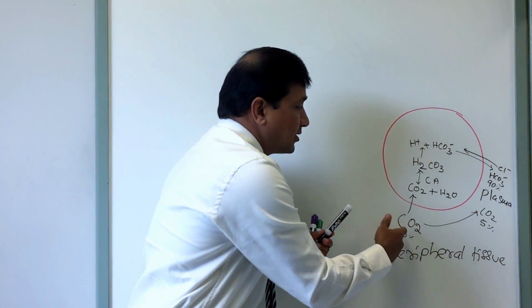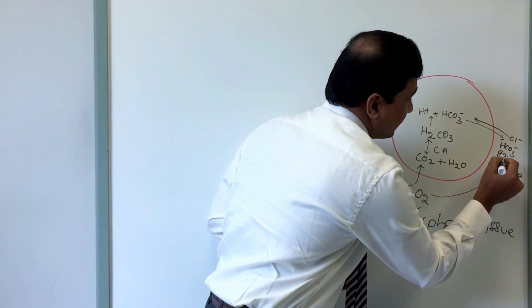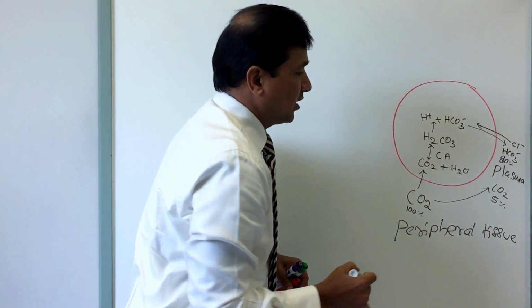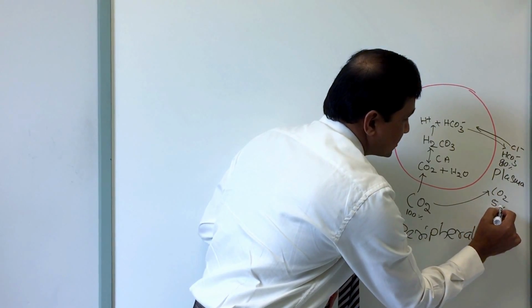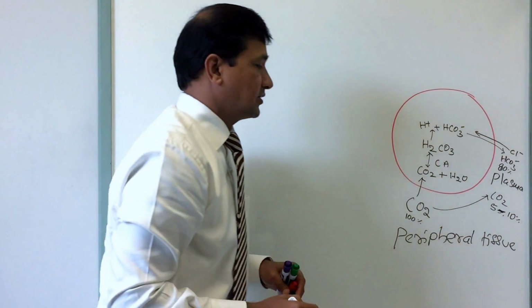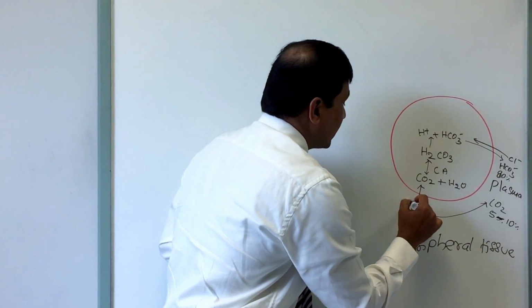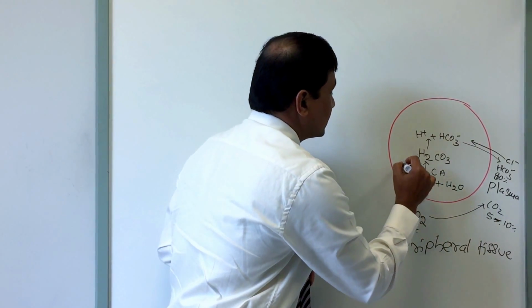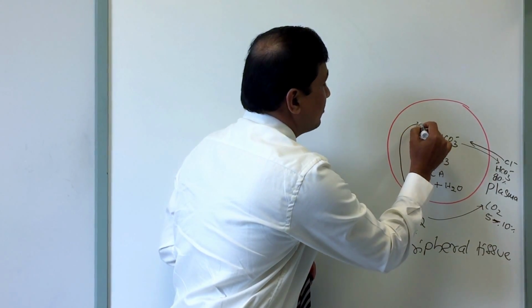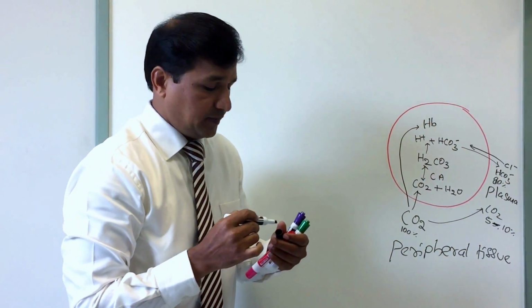And the rest, 10% here, so I'll change this number to 80%. I'll make this 5 to 10% dissolved carbon dioxide. The remaining 10% of carbon dioxide will go and bind directly to the hemoglobin molecule. It gets into the red blood cell and binds to hemoglobin, that is Hb.